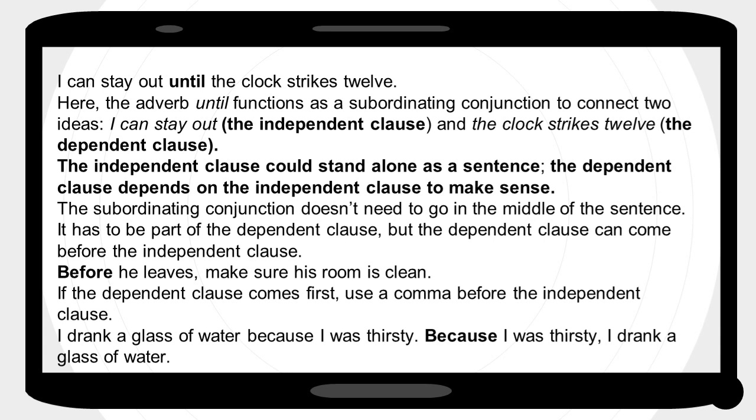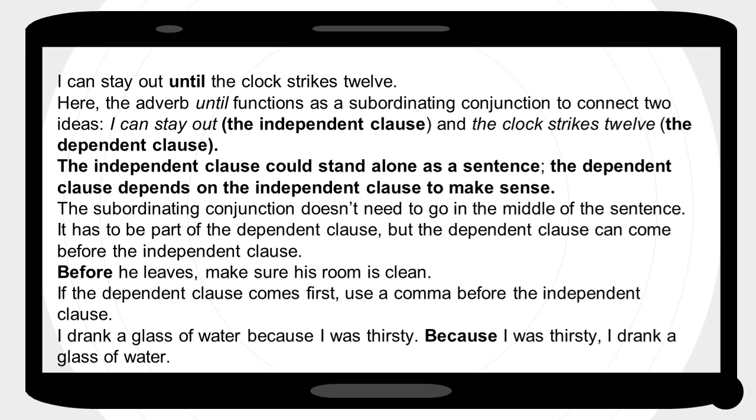Okay, I drank a glass of water because I was thirsty. Because I was thirsty, I drank a glass of water. So here, because is at the beginning. Therefore, because I was thirsty is the dependent clause, and I drank a glass of water is the independent clause.